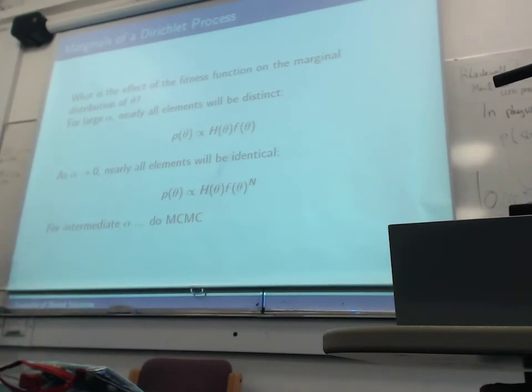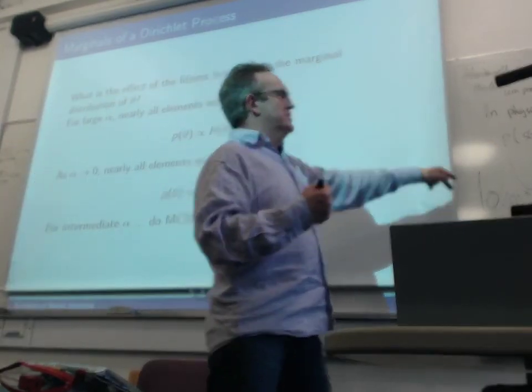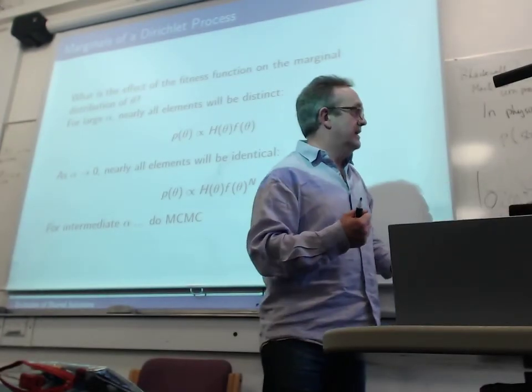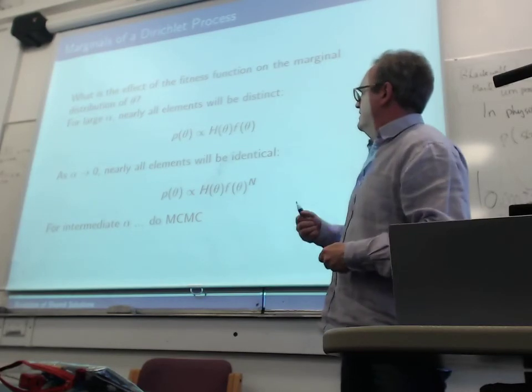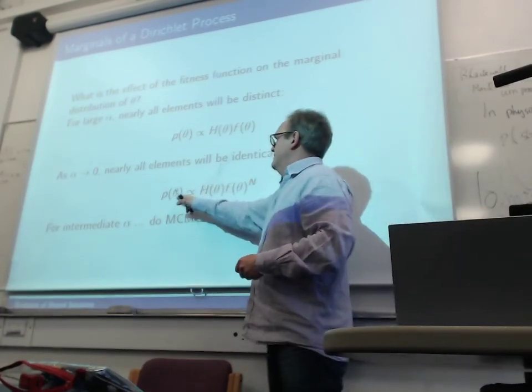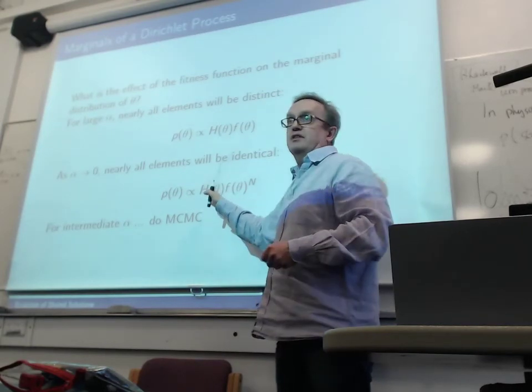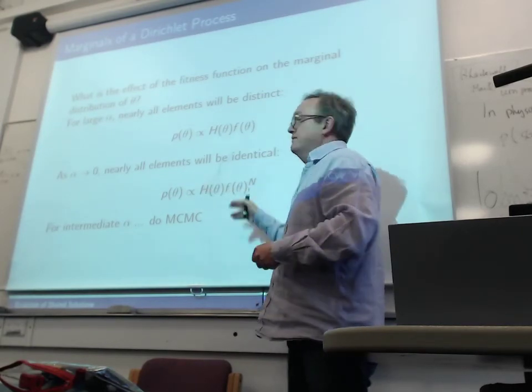If we make alpha small enough, then nearly all the time this urn is going to have balls which are all the same. So in that case, the probability that theta has a particular value is going to be proportional to the probability of generating that value times the fitness of that value raised to the n.